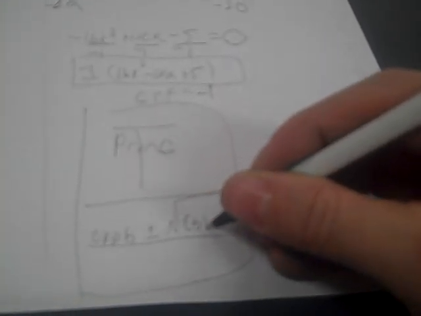You have to use your quadratic formula. So opposite of b, plus or minus the square root, b squared minus 4a and c, divided by 2a. A, B, C. So the opposite of B is 120.